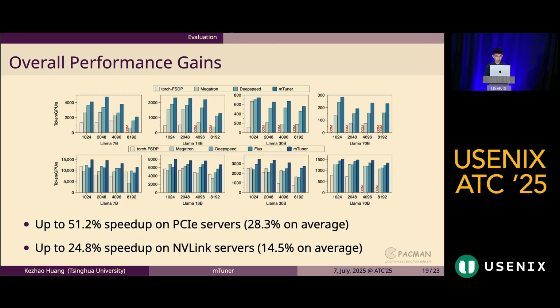Here are the overall performance results of mTuner compared to existing systems. The first figure shows results on PCIe servers, which have relatively lower communication bandwidth. In this setting, mTuner achieved up to 51.2% speedup, with an average improvement of 28.3%. For NVLink servers, the speedup is about 24% at most.